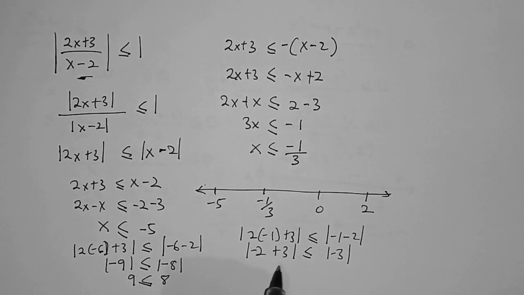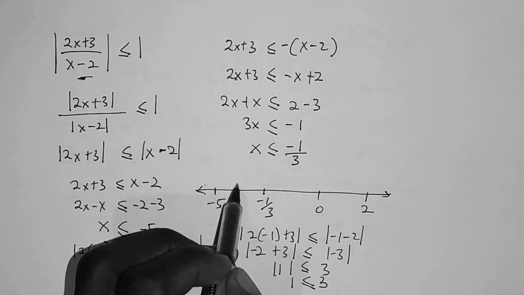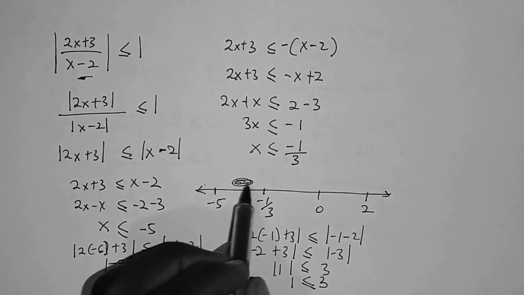So minus 2 plus 3 is 1, less than or equal to absolute value of minus 3 is 3. Absolute value of 1 is 1, and 1 is less than or equal to 3. So this is a required region. It is a true region.